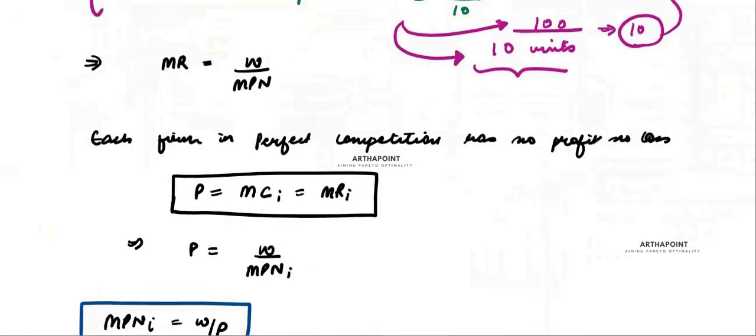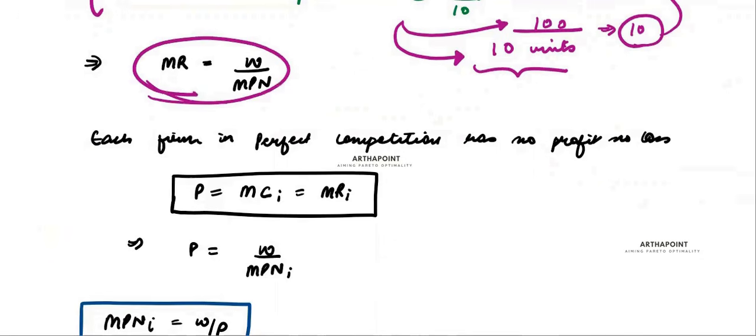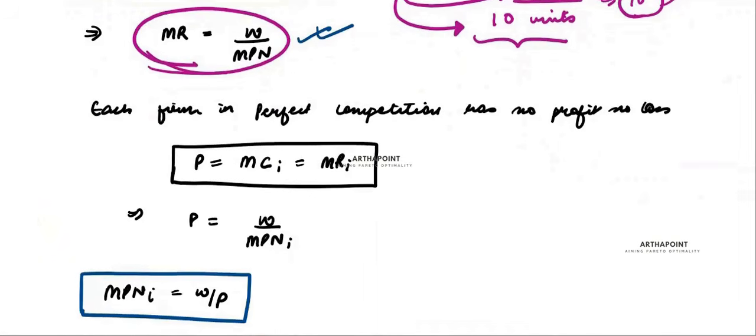Now what happens at my equilibrium? At equilibrium, I have marginal revenue equal to marginal cost, which means marginal revenue is equal to W by MPN. However, if it is a perfectly competitive firm, then I know it has a no profit, no loss situation.